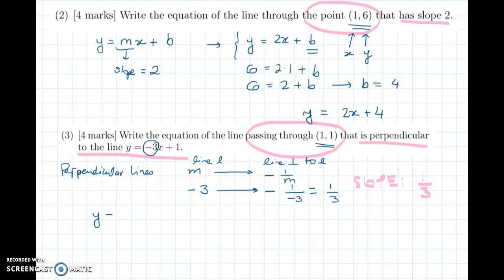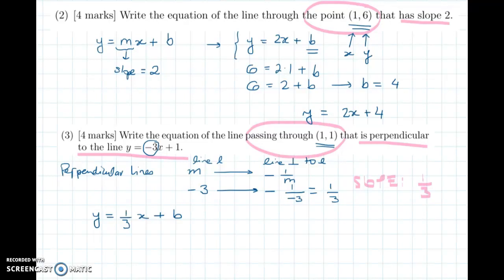We know that the equation is going to be y equals a third x, because that's the slope, plus some value b that we don't know. The y-intercept doesn't have to be the same as the y-intercept of the perpendicular line. That's a common mistake, but there is no reason to believe that.